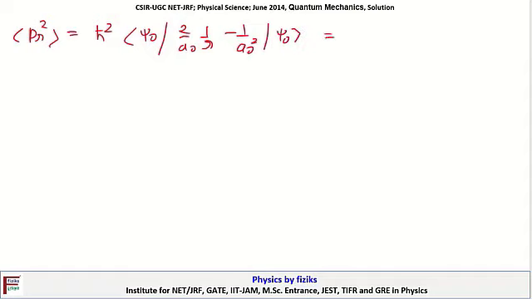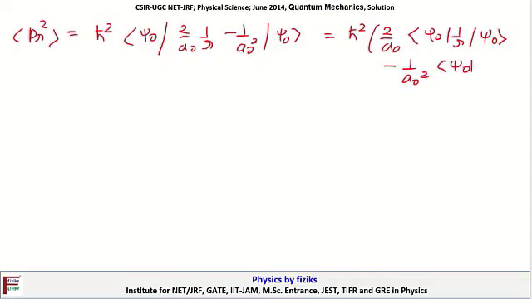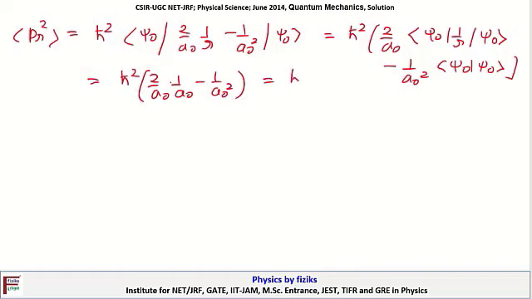This can be written as h cross square 2 by a_0 psi_0 (1 by r) psi_0 minus 1 by a naught square psi_0 psi_0. So from here we would be having h square by twice a naught into 1 by a naught minus 1 by a_0 square, which gives us h square by a_0 square.